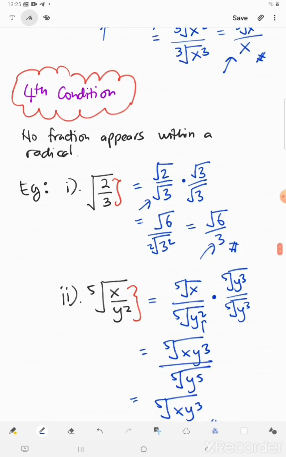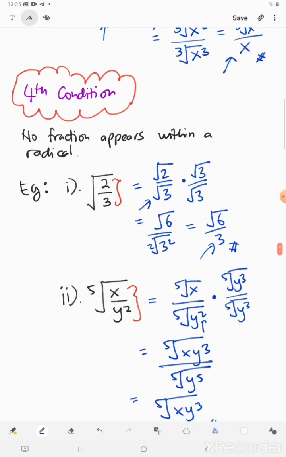Okay, sekarang ni kalau dia punya numerator and denominator ada plus sign, so kita kena multiply dengan opposite sign. Multiply dengan negatif. Kalau kat sini tolak, so kita kena multiply, nak rationalize dengan jadikan tambah. Okay, and then we have square root a minus square root b, and then kita multiply kat sini tolak, multiply dengan jadi tambah. Sama juga dengan number 4.